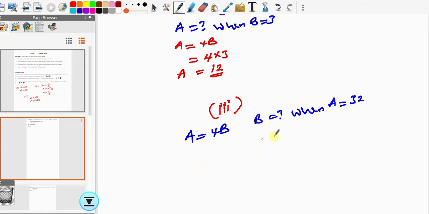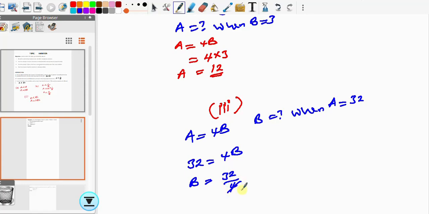Right. So let's substitute the value here. We have our 32 here be equal to 4b. So when we divide both sides by 4, right, we have our b be equal to 32 over 4.